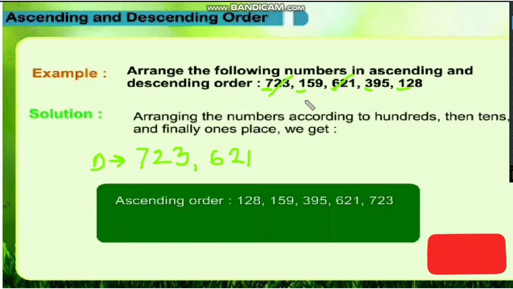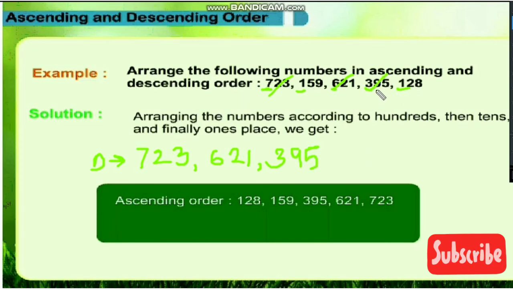Now 3 numbers remain: 100, 300 and 100. Now 300 is the biggest number among these 3. So we will write 395. Done. Now this is also gone.